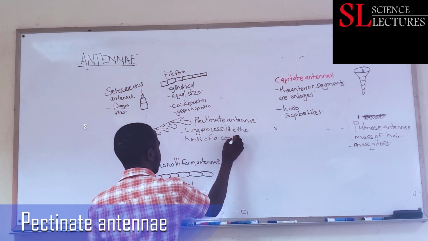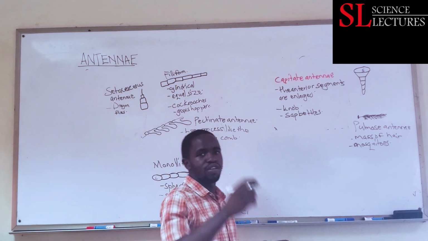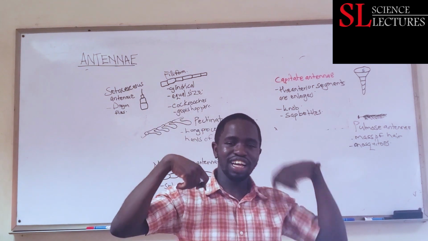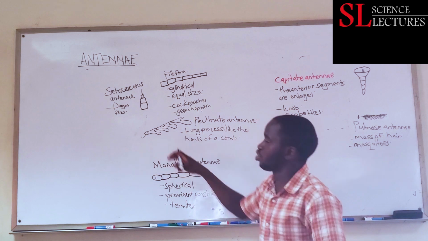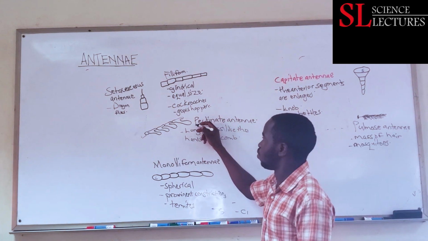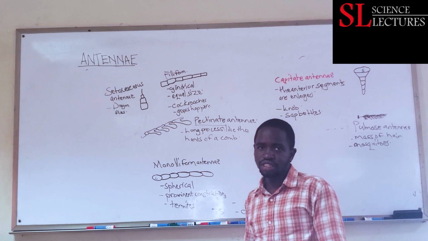Ladies tend to have a certain type of comb that they use to organize their hair. So these antennae also tend to have such a shape, and we call that pectinate antennae.